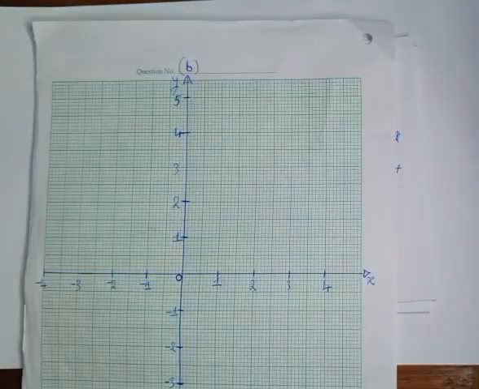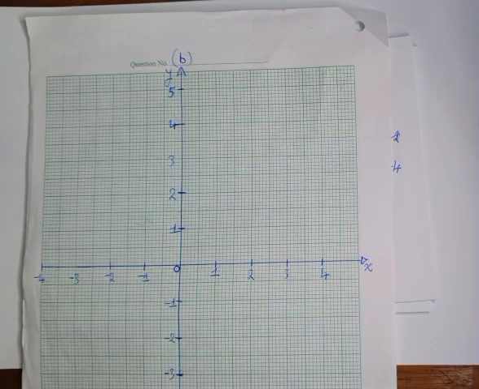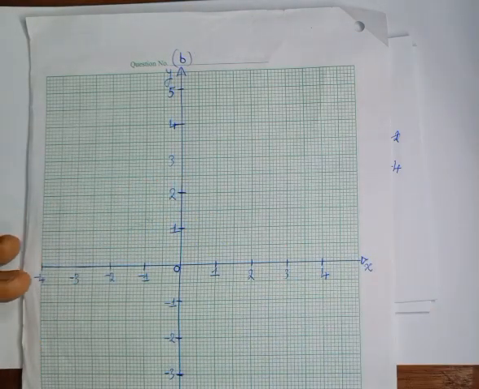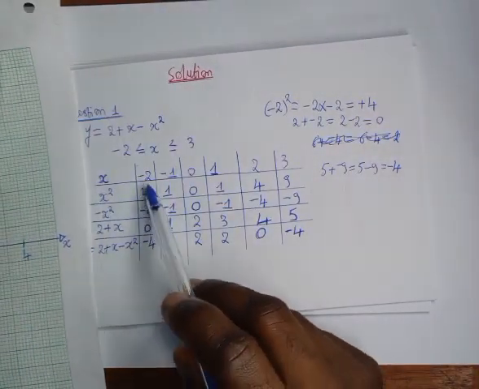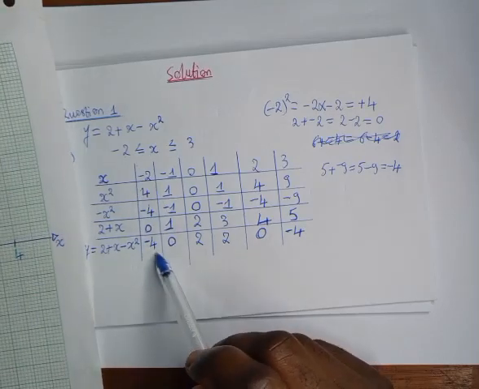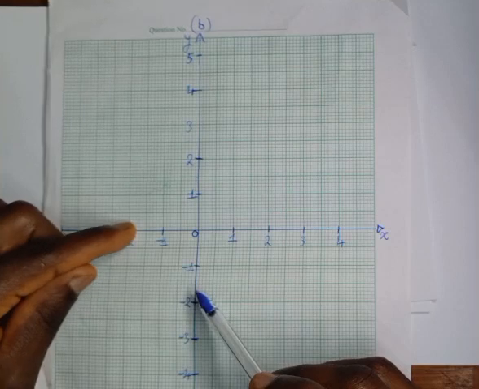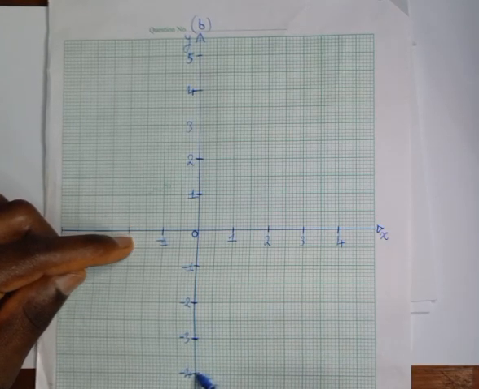Now the next thing that we are left to do is to plot the points. That means we take the value of x, we take the corresponding value of y, we trace where they meet following these lines on the graph paper. We make an x or a dot. For the first one, when x is negative 2, y is negative 4. We trace them down.